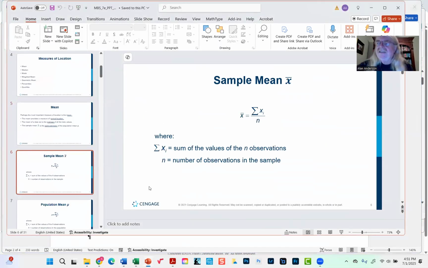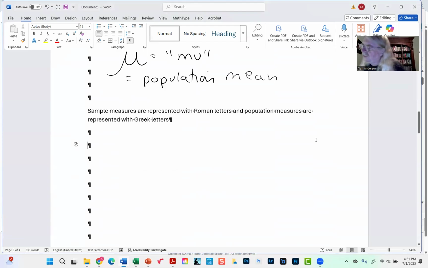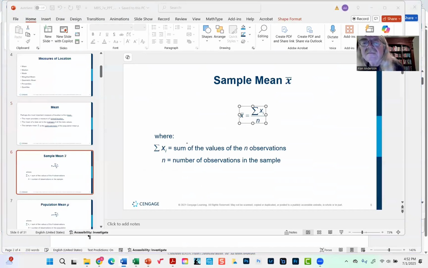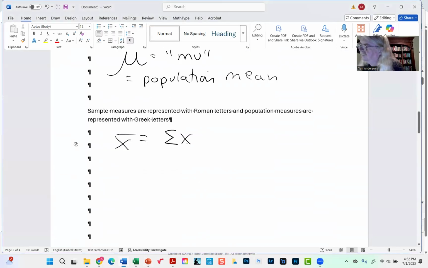And the formula, we have our first formula. Now this is a huge deal right here. So there's some interesting information here.